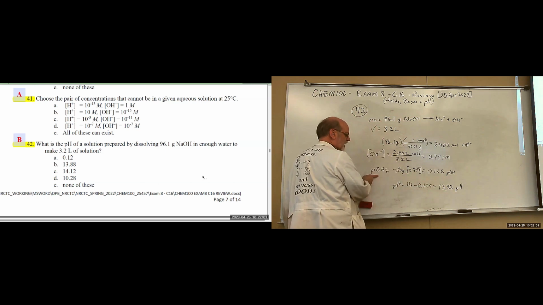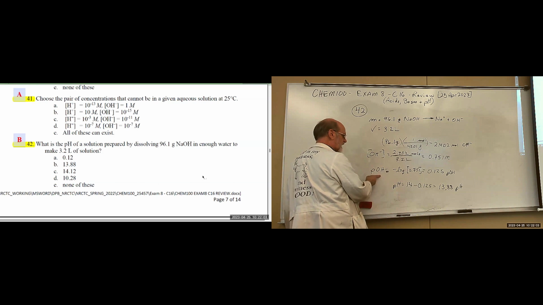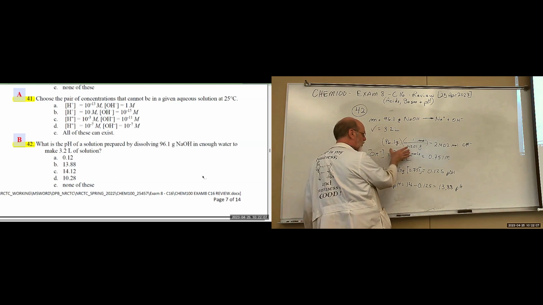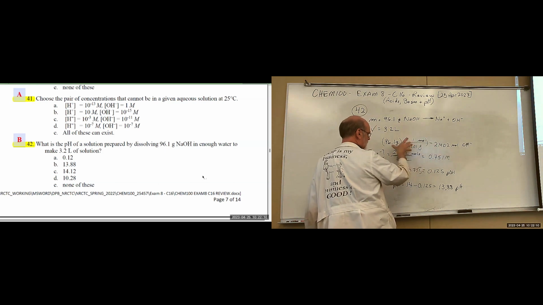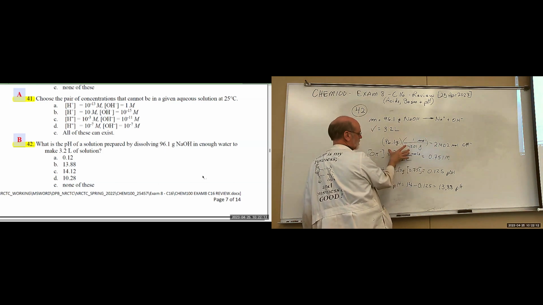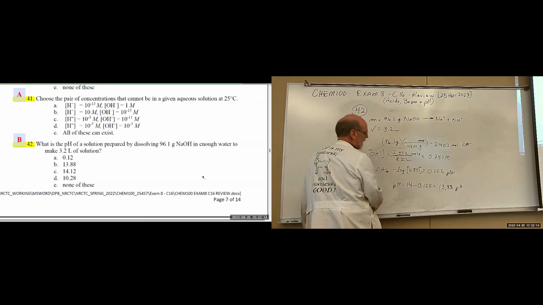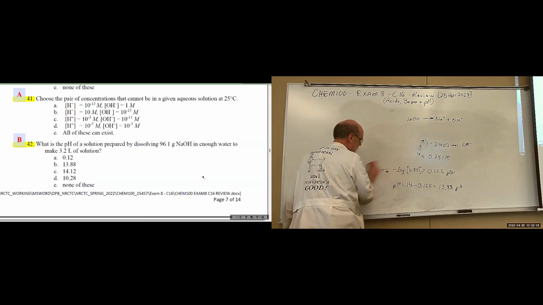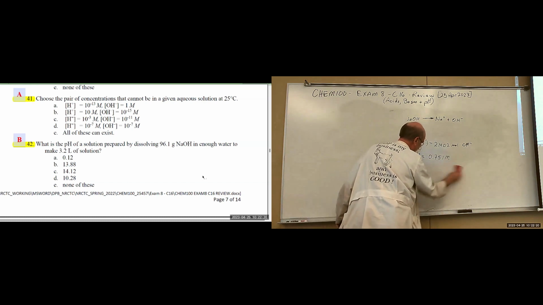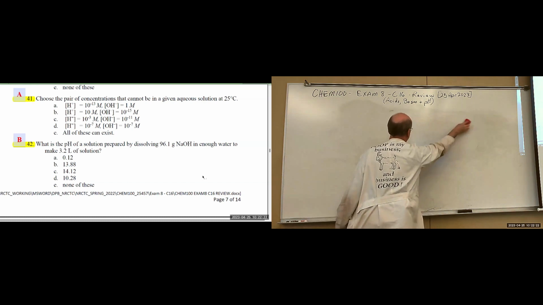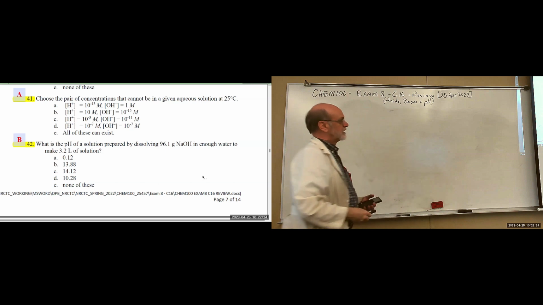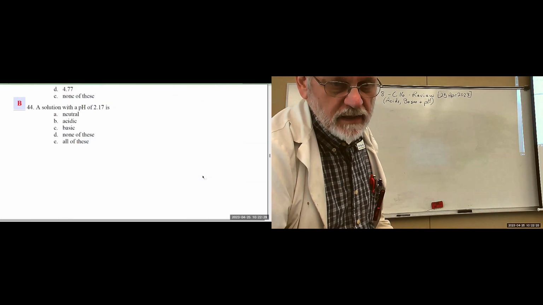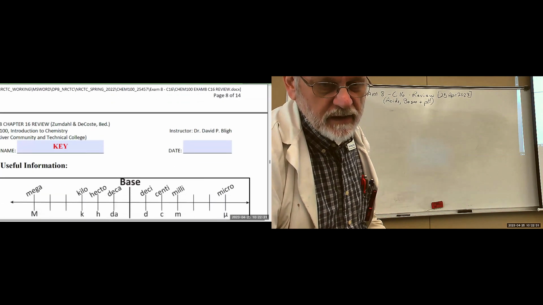So we needed to know pH. And in order to get pH, we had to know OH. In order to get OH, we needed the moles of hydroxide, of sodium hydroxide. So that's the thought pattern. Solve that problem. All right, that was 42. Let's see. Oh, that's it.